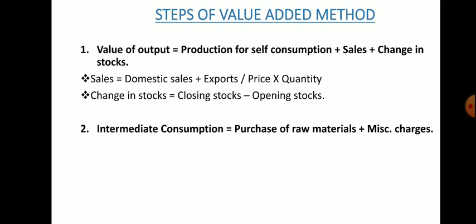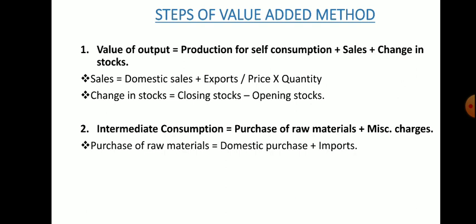So you have to take how much they have spent for the purchase of raw materials, and add some miscellaneous charges, like electricity bill, telephone bill and all those things. You should include those charges, and you will get intermediate consumption. Now once you get this value of output and intermediate consumption, you can calculate the value added.